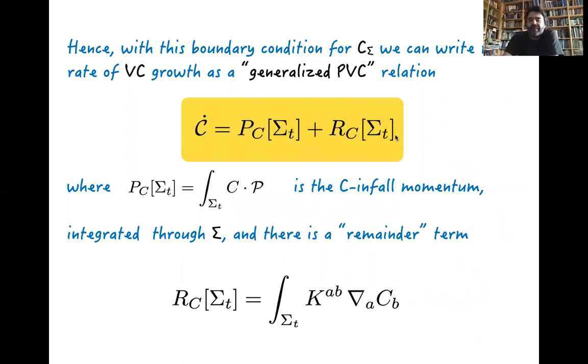Then there is a remainder, which I forgot along the way. The remainder is just the covariant derivative hitting the C field. So this generalized formula tells me that part of the C dot, depending on the choice of C, will be interpretable as a momentum, and another part will be lingering there.